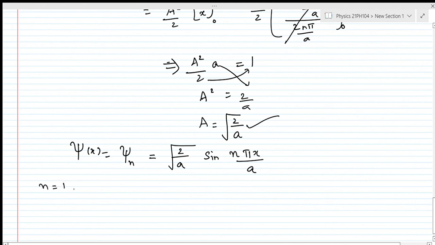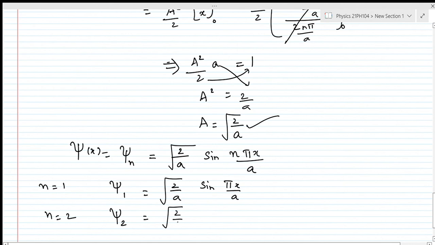When n is equal to 1, psi 1 is equal to root 2 by a sine (1 pi x by a). Similarly, psi 2, that is when n is equal to 2, we get root 2 by a sine (2 pi x by a).